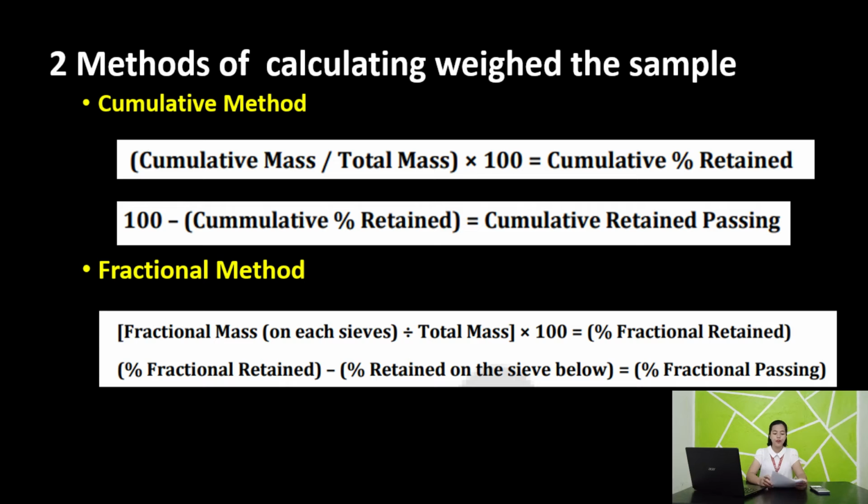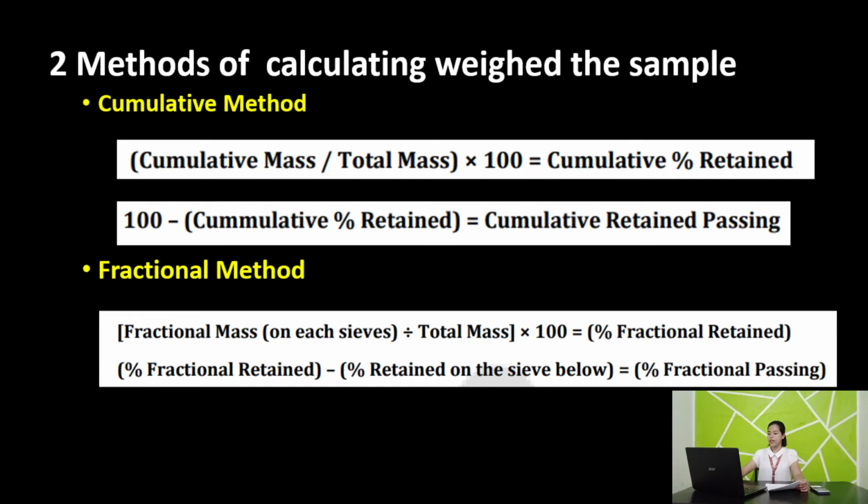In the fractional method, the operator weighs the content of each sieve separately. So when you weigh, for example, sieve number 4, you weigh it, then empty the pan, then you weigh sieve number 10. You don't need to empty the pan in the cumulative method; there, you just gather each set of sieves.